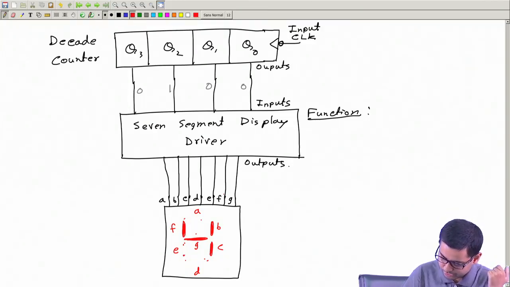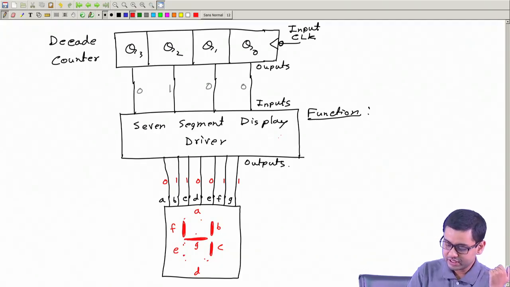So F will be 1, B will be 1, G will be 1 and C will be 1. The remaining ones, A, E, D, will be 0. So the function of this driver is to create these outputs so that this number is displayed here.